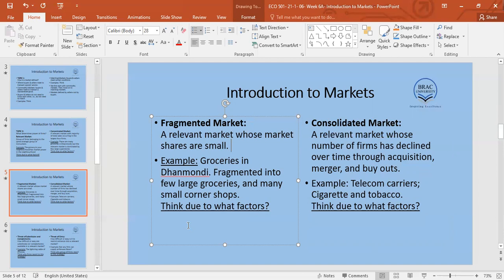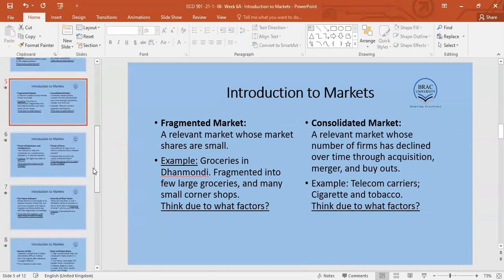A similar thing happened to Banglalink, but it didn't happen to Grameenphone, the largest telecom carrier, or our national carrier, Teletalk. Another example is cigarettes and tobacco. Over time, the number of cigarette companies in Bangladesh has also fallen. Why do these mergers and acquisitions happen? What are the economic arguments behind that? This is what we will try to address in part two.